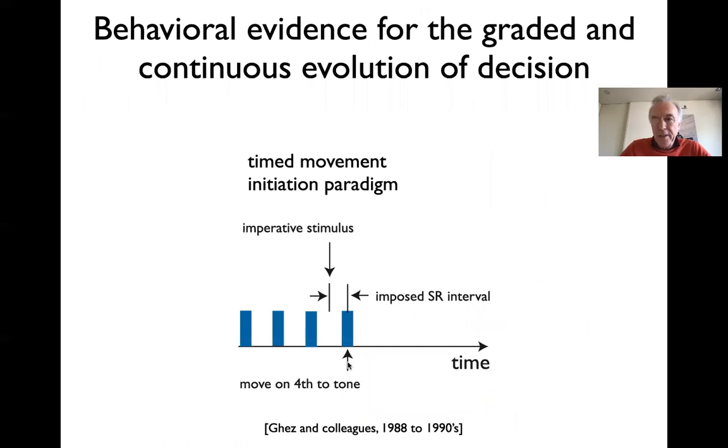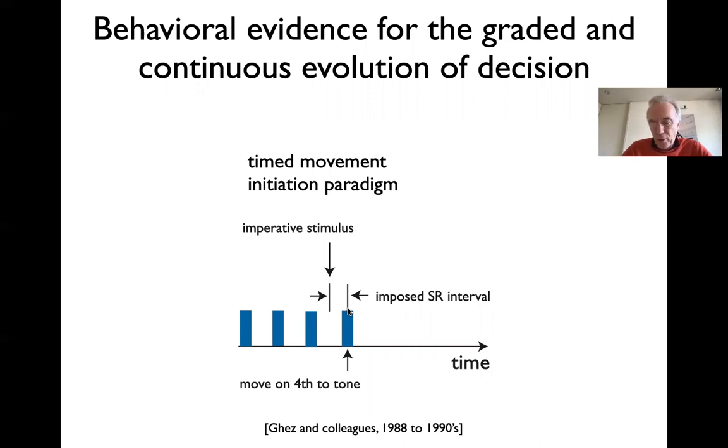And we even looked at this paradigm where we can see the pre-shaping of the field, because we manipulate how long into the preparation process we're actually observing the response. We impose a particular stimulus response time interval by providing the imperative stimulus a certain amount of time before the go signal. And the go signal, by being part of a periodic pattern that a metronome provides you, can be imposed on participants.